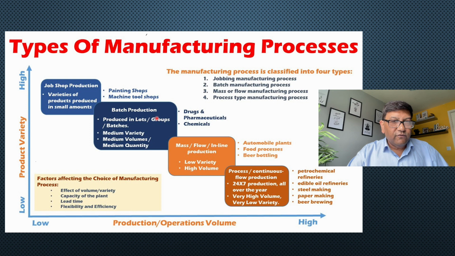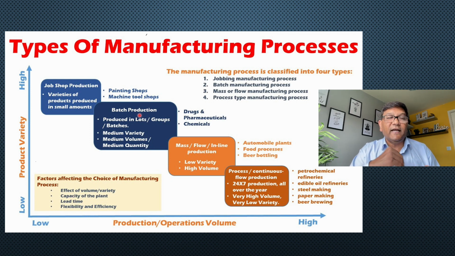Some examples of batch production are drugs and pharmaceuticals and the chemical industry. Even wine and liquor: you might have seen on a wine bottle a batch number, specifically on the limited edition. You also get a batch number on spare parts or on some products.